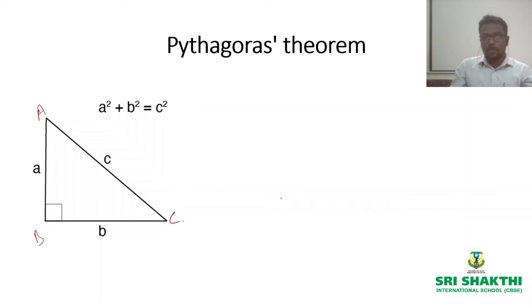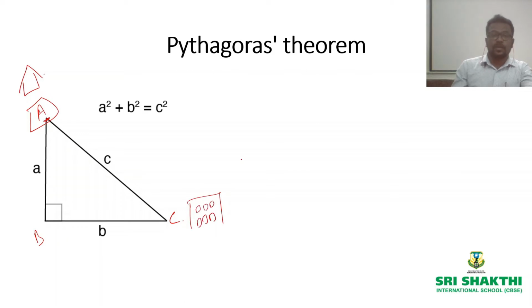Before applying the logic, I would like to ask a simple question. Assume that you are standing at this position A, which is where your house is located, and assume C is the place where you have your school. Which path will you prefer to reach your school every day?